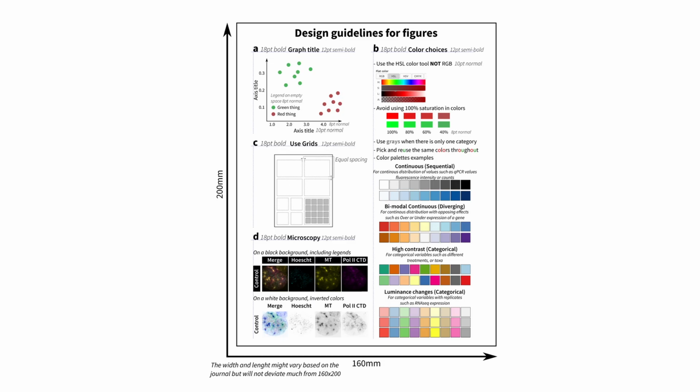That's the sort of thing I do for myself whenever I'm working on a project. I'm going to make myself a document like this, which tells me, okay, the graph title is going to be bold, some things at 12 points are going to be bold. I write down the size of the fonts, the different colors I'm going to use, the different roles, and I'm just creating this document so that I know I have consistency, right?